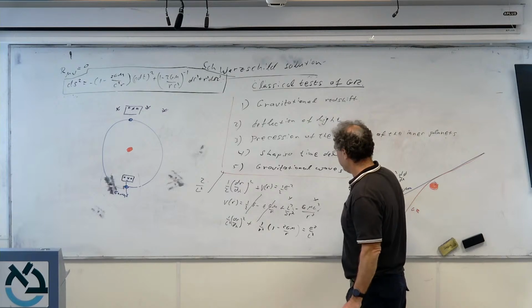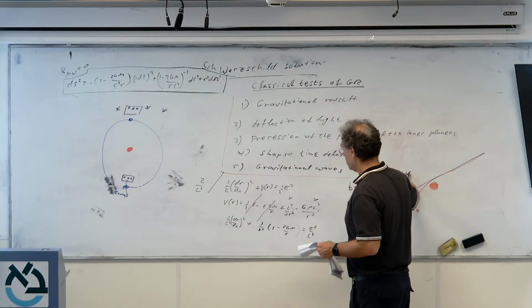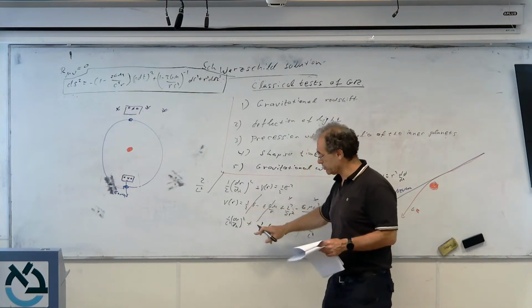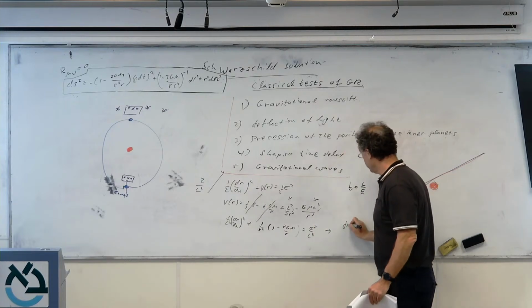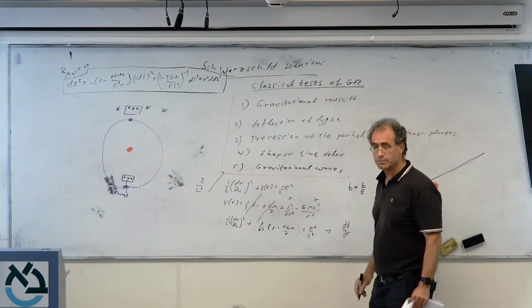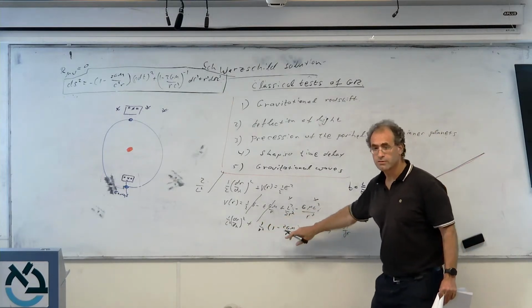So we have 1 over L², so it will be (dλ/dφ)² (dr/dλ)², so we can write it down as dφ/dr. I'm skipping some algebra here, but you can quite easily fill it in yourself.